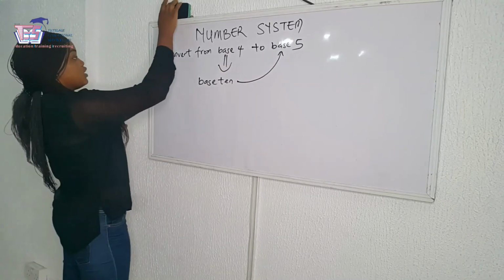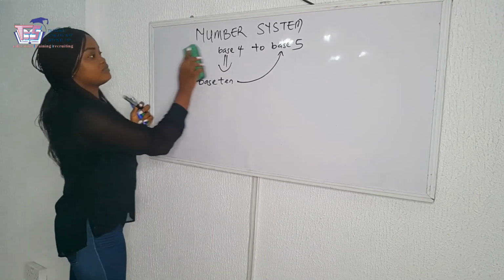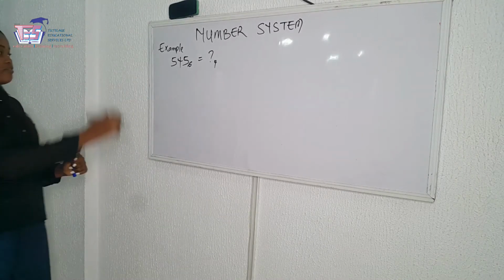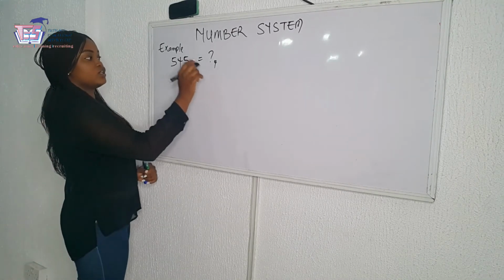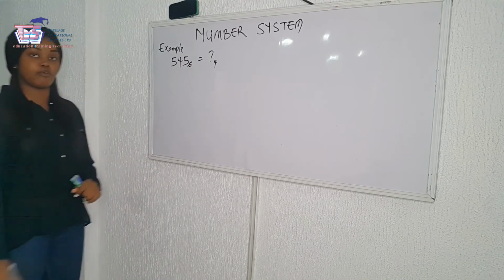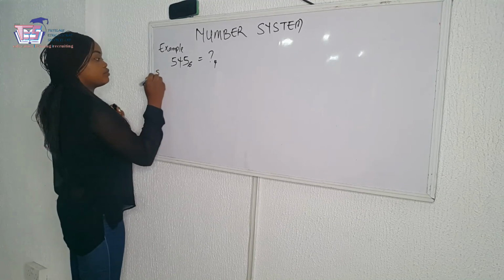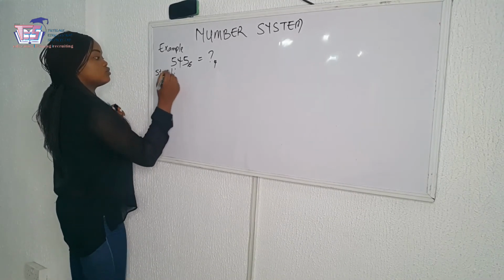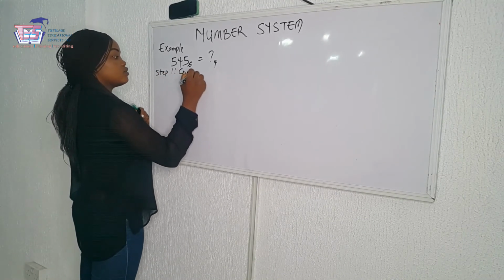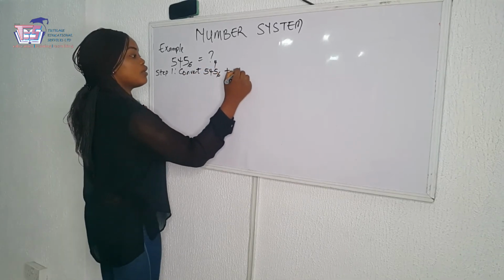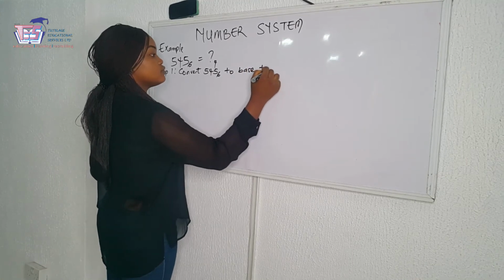Now, let's do one example so you understand it better. In this example, you are asked to convert 545 in base 6 to a number in base 4. Like I said, step 1, convert 545 in base 6 to base 10.